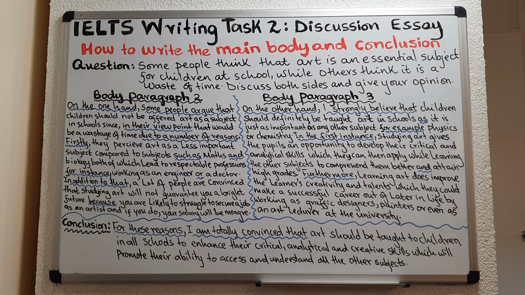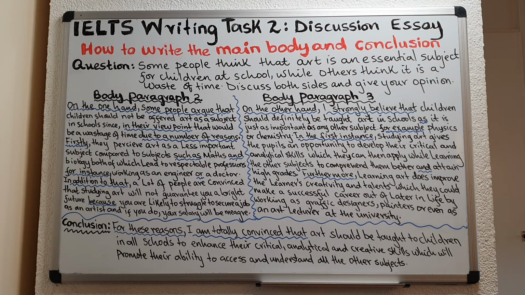So, for these reasons, I'm totally convinced that art should be taught to children in all schools to enhance, to promote their critical, analytical, and creative skills. Remember, I talked about that in body paragraph 3. I talked about critical, analytical, and creative skills, which will promote their ability to access and understand all the other subjects.